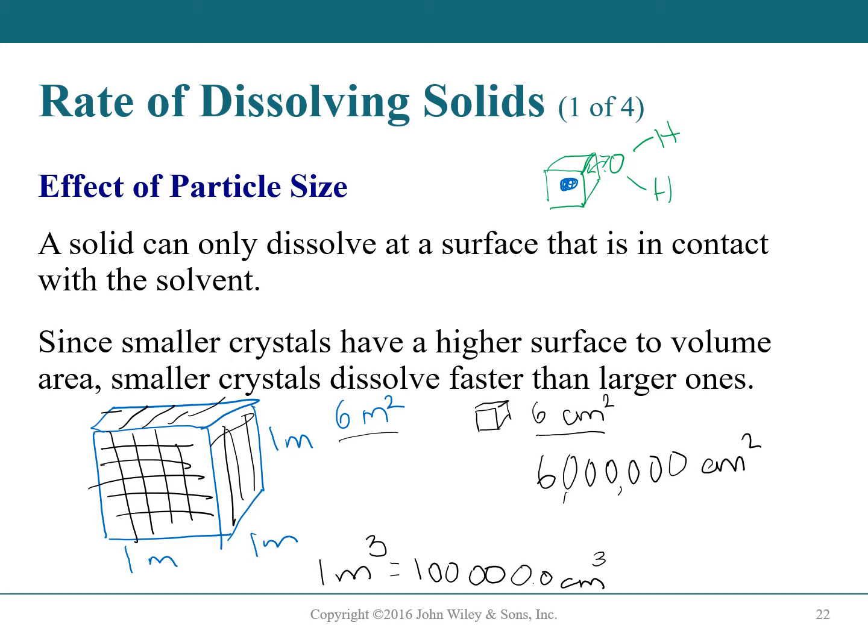If we convert this so we can compare meter squared to centimeter squared, the first is 6 times 10,000, which is 60,000 square centimeters. Now you can see the difference. If I take that same volume and chop it up into little itty bits, I have a much larger surface area, in this case 100 times more, and so it'll dissolve faster.